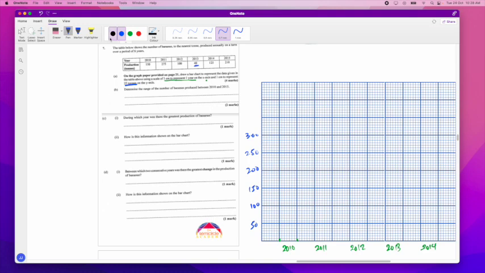So my graph might be a little bit different from yours, but your graph paper should definitely have it. And so we have 2010 being 150, so my graph will be a little bit smaller. 2011 being 275, so 275 will be right here.